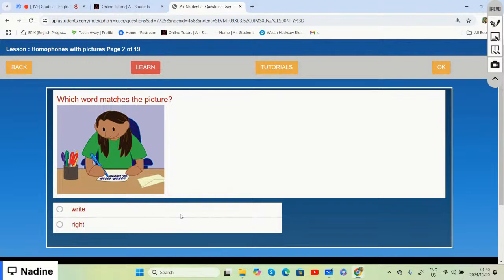Is this person doing option one, or is this person doing option two? Option one is write, where you're writing a note. And then option two, right, that is easy to do. If not left, it's right or correct.